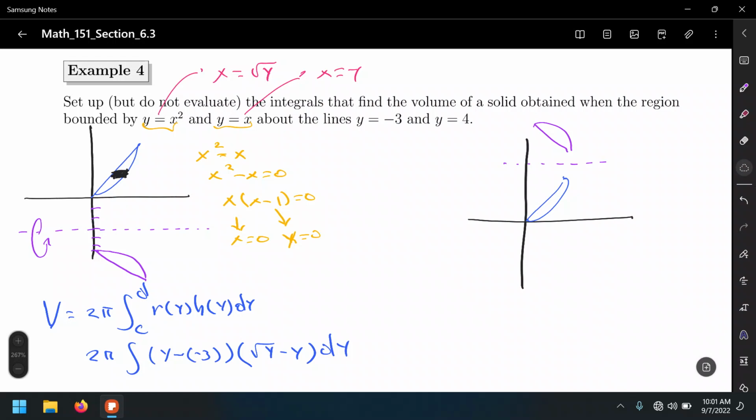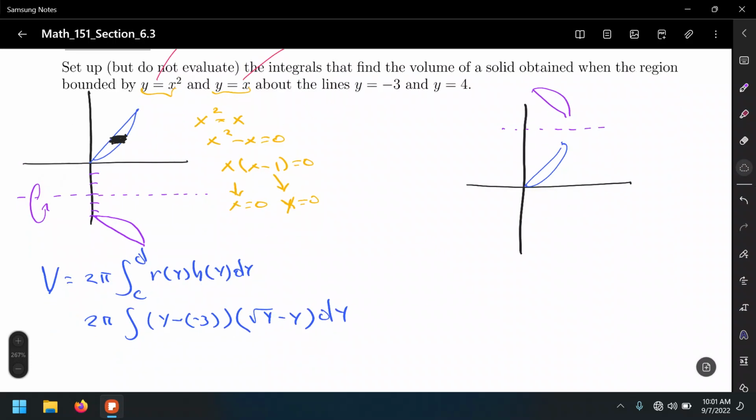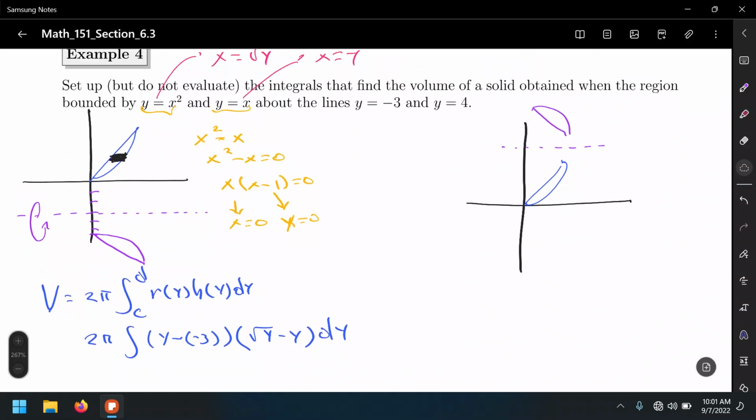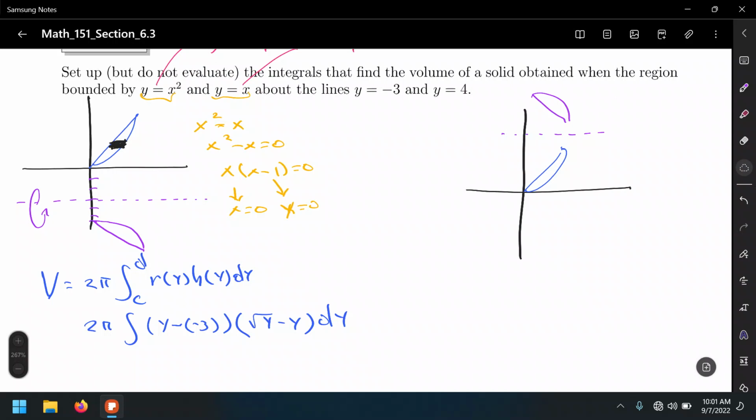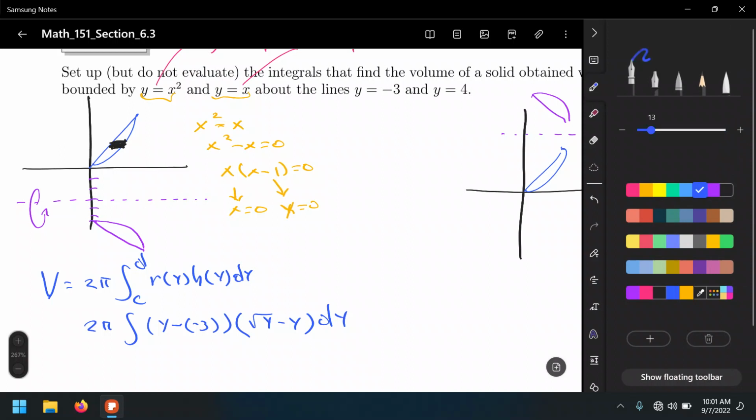However, everything reverses when it comes to the shell method. And in this case, we got to do one example in which we had the axis of revolution below the region of integration.